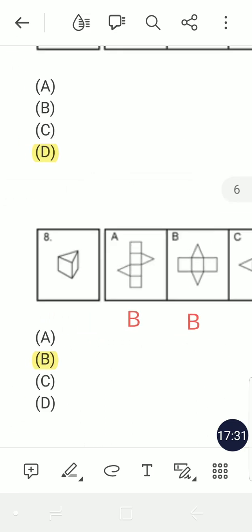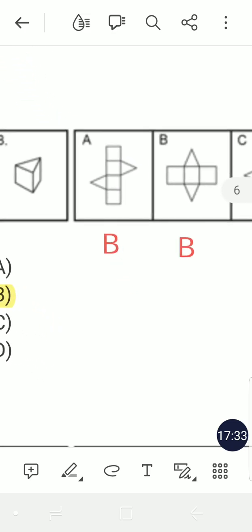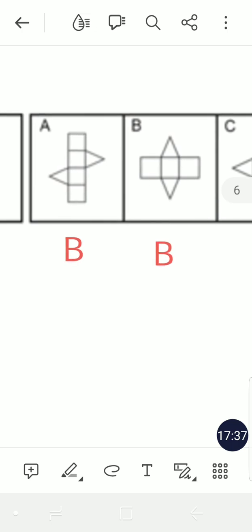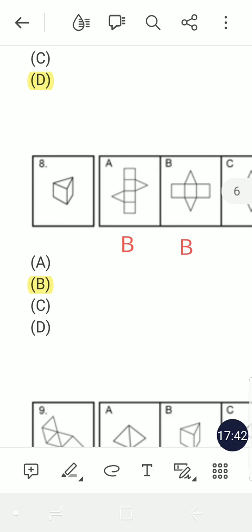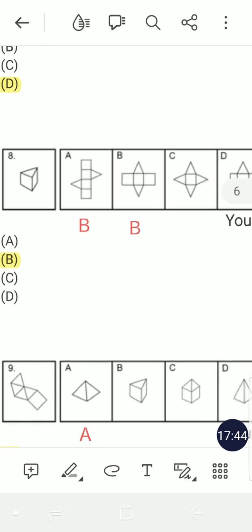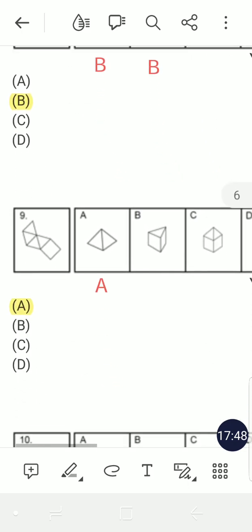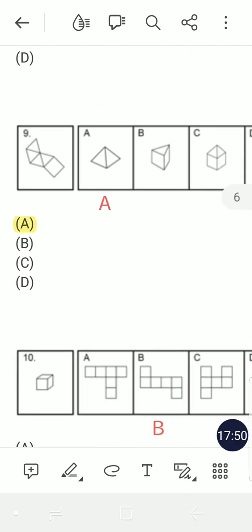So the only real answer is letter B. It will close as a slice of cake. Okay, sorry about that confusion for number 8. Okay, moving on to number 9.